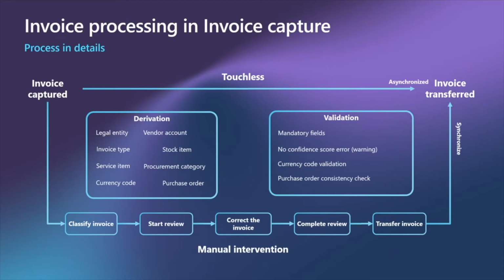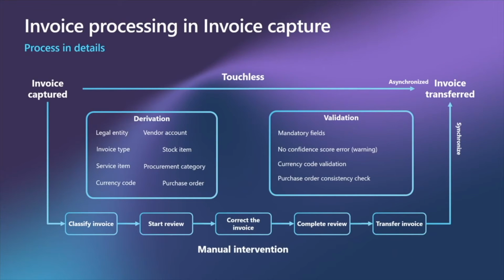If the legal entity and the vendor account are not derived, you need to classify the invoice to determine the legal entity value and the vendor account value first. Once it's complete, you can also check the invoice type. Normally it will automatically derive from the settings, but if it's incorrect, you can correct that.